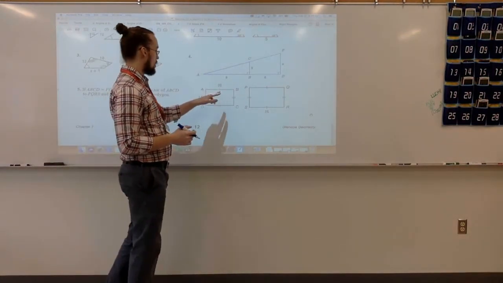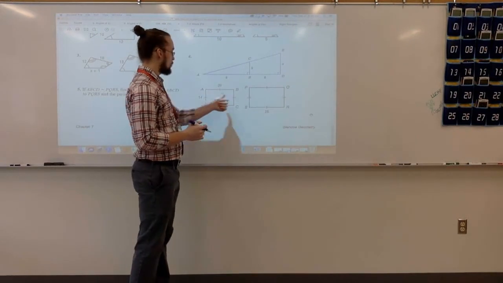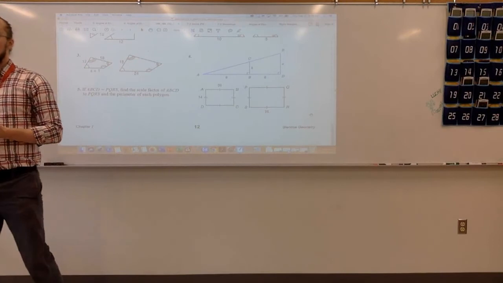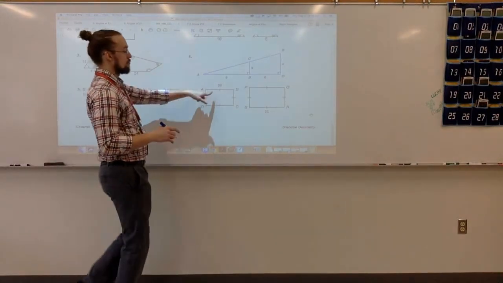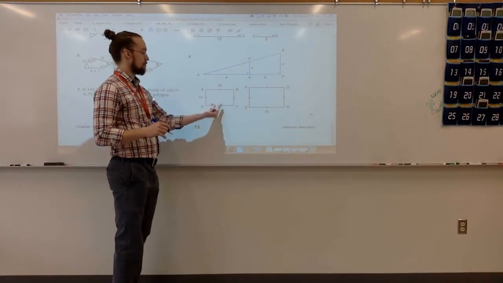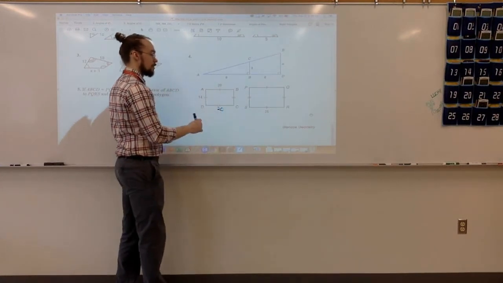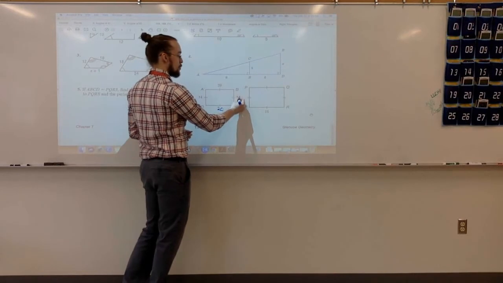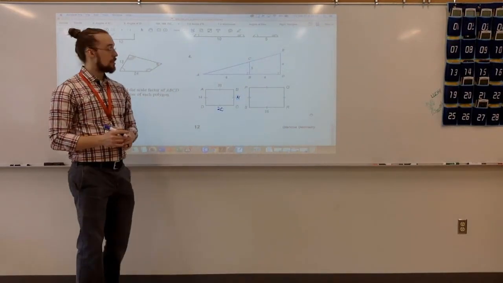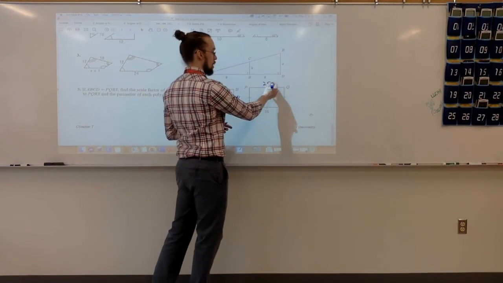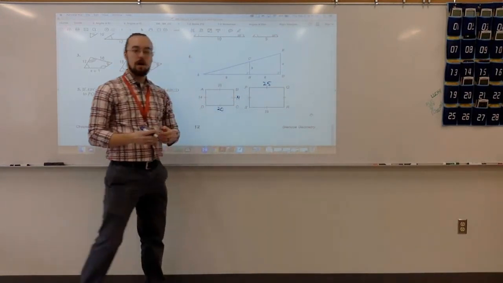Now, the way this is set up, it looks like I don't know any pairs of corresponding sides. Okay, however, I'm told by these markings that opposite sides are the same. So, in this figure, these two sides will be 20, these two sides will be 14, and then over here, I just know one side. So both of these will be 25.